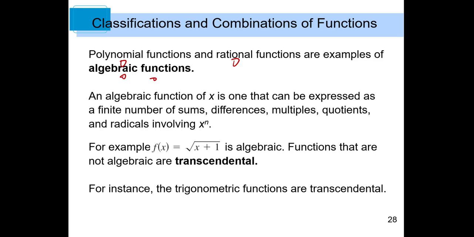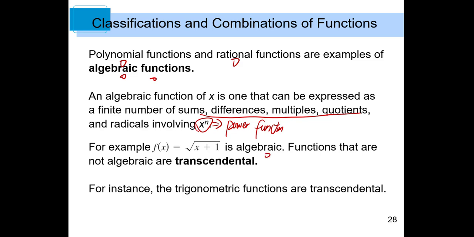An algebraic function could be expressed as a finite number of sums, differences, multiples, quotients, and radicals involving x to the n, right? x to the n is called a power function. So for example, f of x equals the square root of x plus 1 is algebraic.